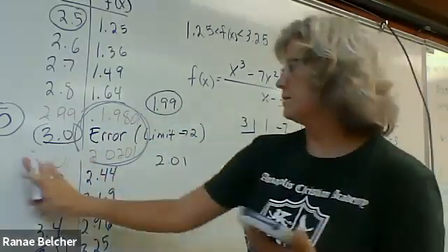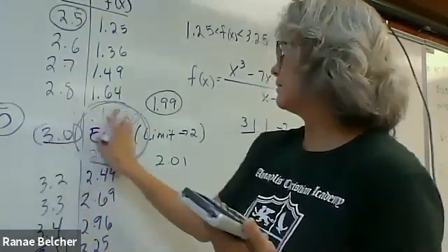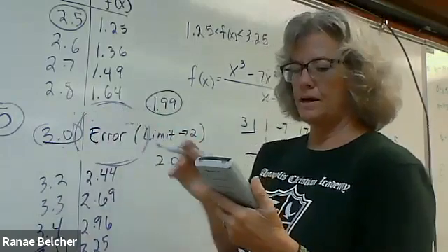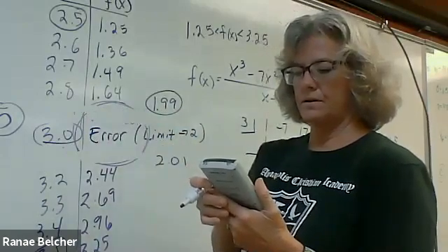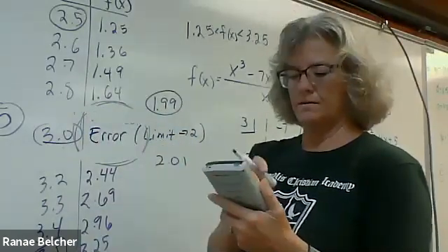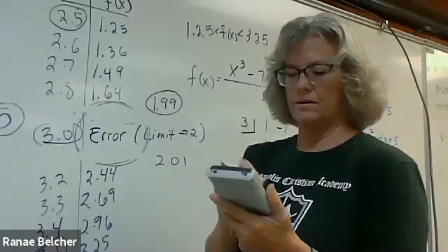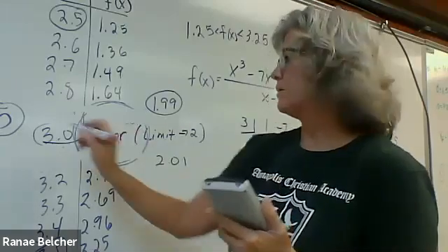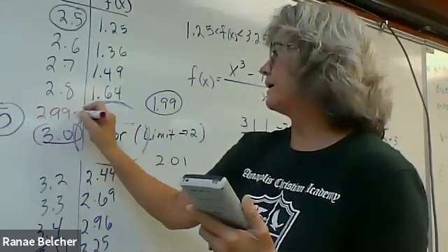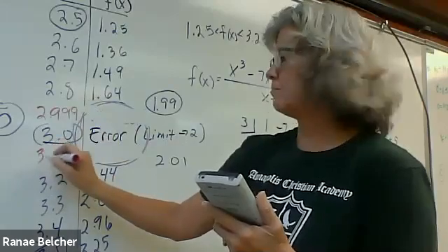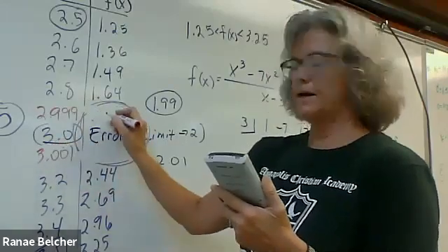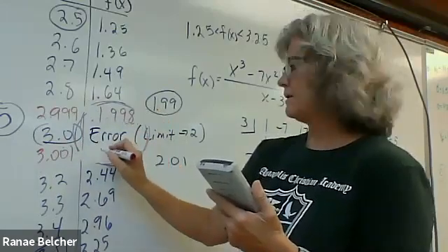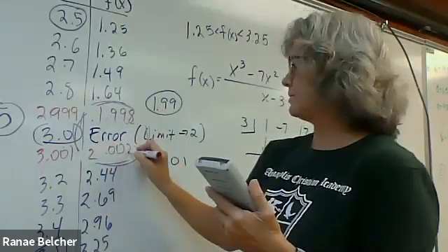Okay, now we have, hang on, I didn't start it at 3. Scroll up. We have 2.999 and 3.001, and I get 1.998 and 2.002.